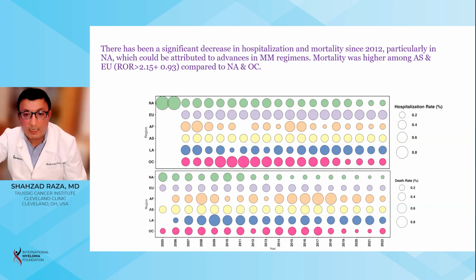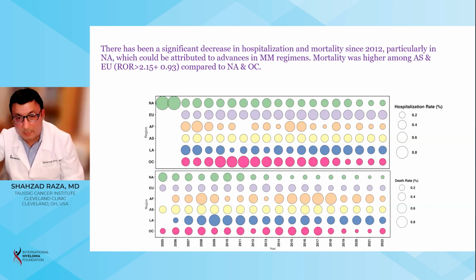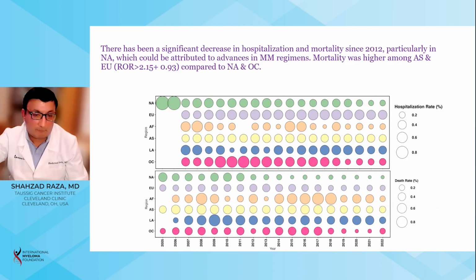Now you can see in this graph that mortality was higher among Asians compared to North American and Oceania populations, and North America has done pretty well compared to the rest of the world. One question always comes up: the US generally adopts new innovative therapy early for its patients. A lot of drugs like carfilzomib, pomalidomide, all these new myeloma drugs have been approved in the last 10 to 15 years.